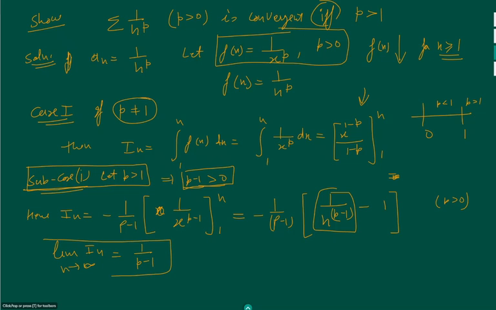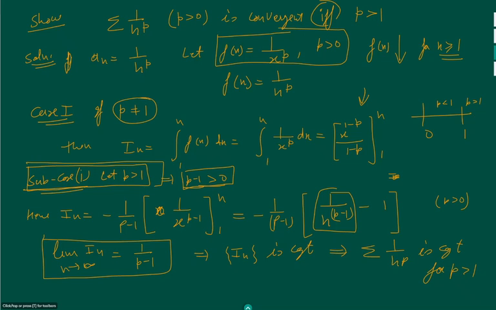So the limit of I_n exists, which means the sequence is convergent, and this sequence being convergent means the series is convergent. This implies the series 1 over n raised to power p is convergent for p greater than 1. So we have proved that our series is convergent for p greater than 1.